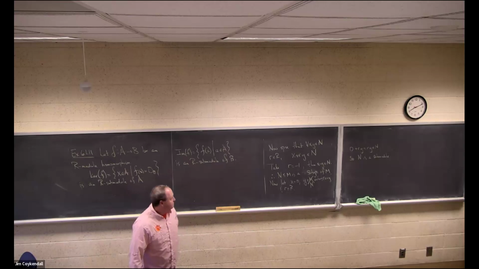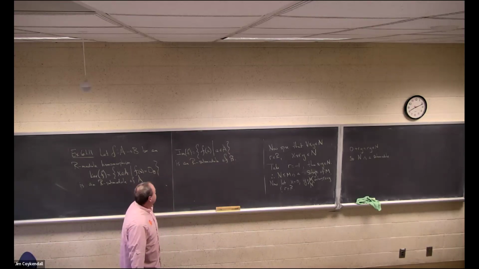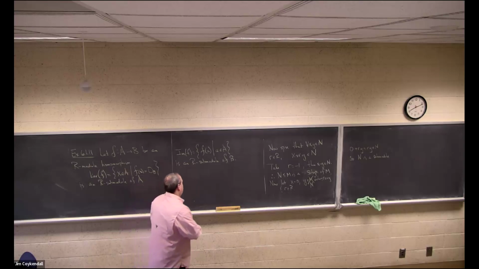I need to be surjective for that feature? No. And in fact, of course, if it is surjective, then the R-submodule of B will be B itself. But let's prove that.